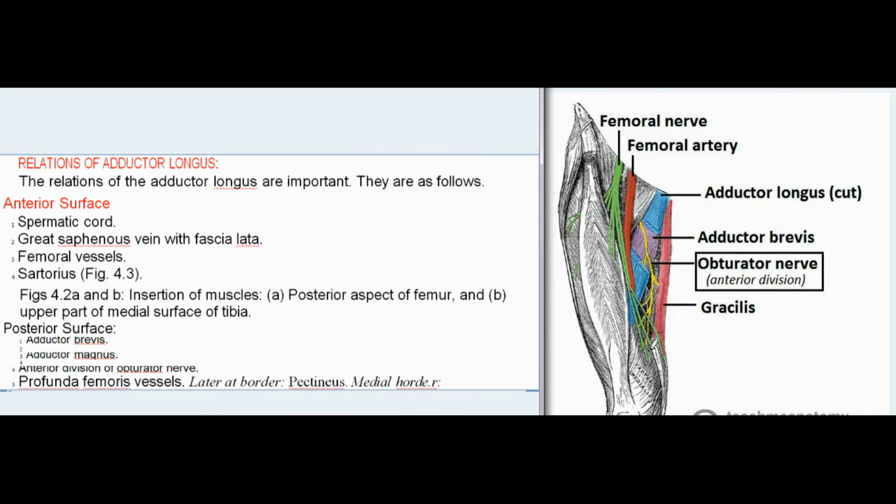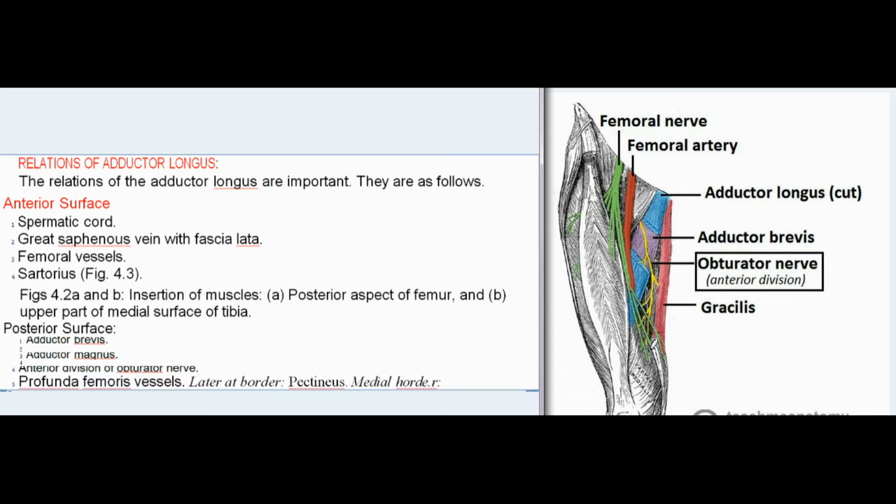Relations of adductor longus. The relations of the adductor longus are important. They are as follows. Anterior surface: 1. spermatic cord, 2. great saphenous vein with fascia lata, 3. femoral vessels, 4. sartorius. Fig 4.3. Figs 4.2a and b.